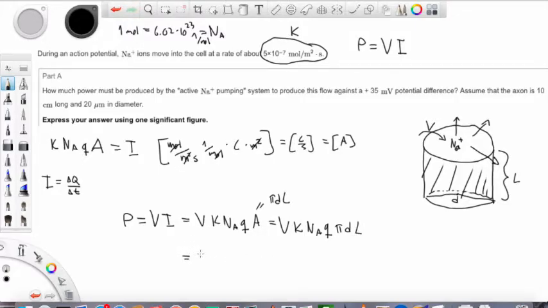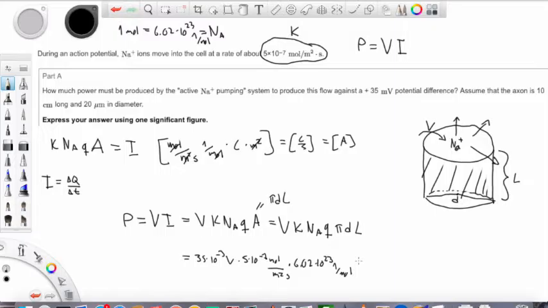And let's put in the numbers. Voltage was 35 millivolts, so 35 times 10 to the minus 3 volts. K, 5 times 10 to the minus 7 moles per meter squared per second. Avogadro's number, 6 times 10 to the 23, 1 over mole.